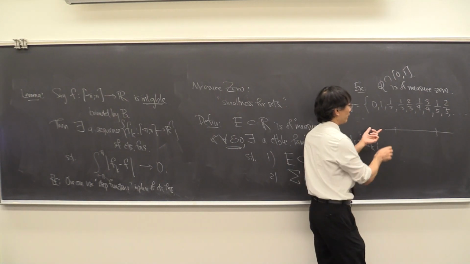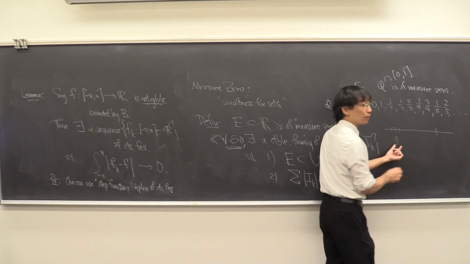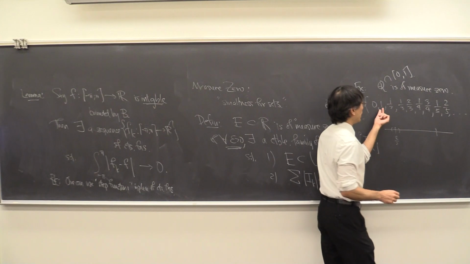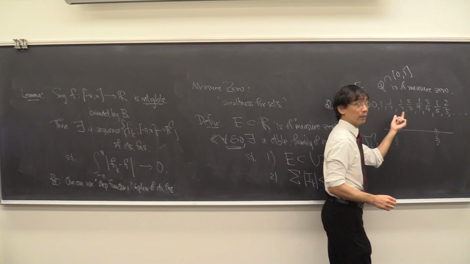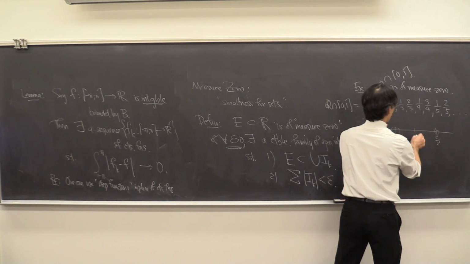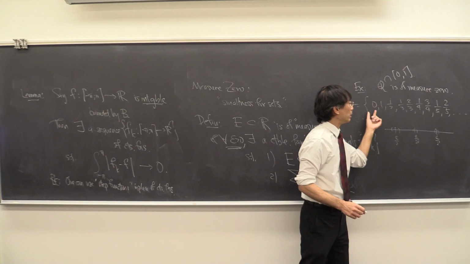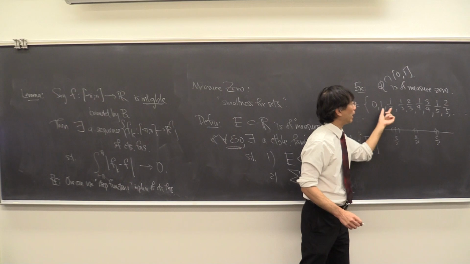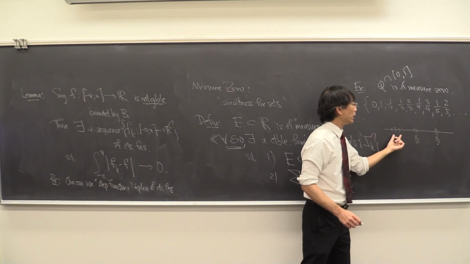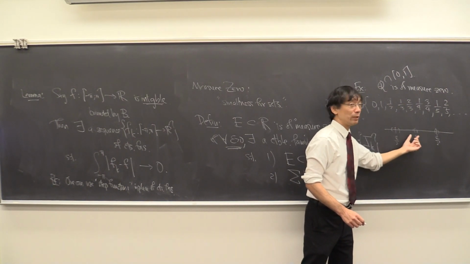You say, okay, I'm going to cover the first one with something of length epsilon over 2, and the second with something of length epsilon over 2 squared, the third with epsilon over 2 cubed, and so on. At the end of this process you've covered every element of the set with an interval, and the total length is epsilon.